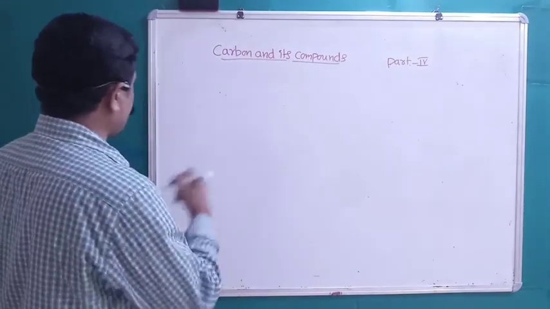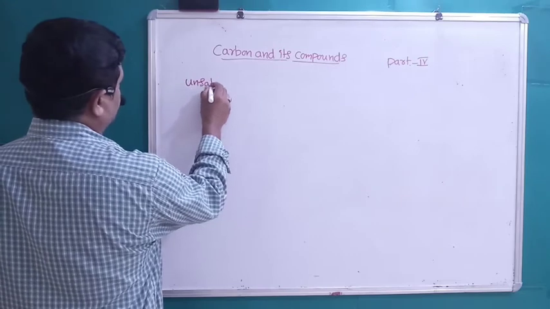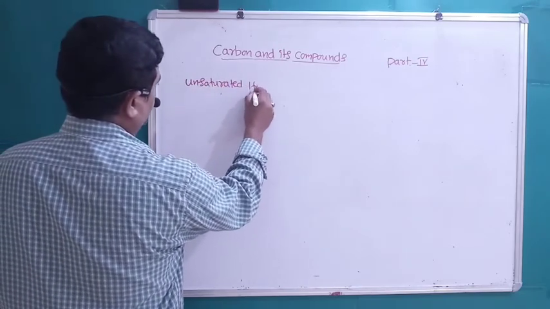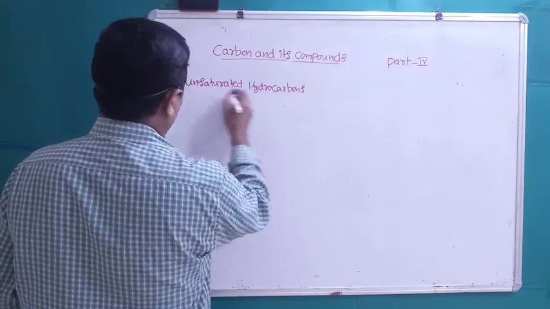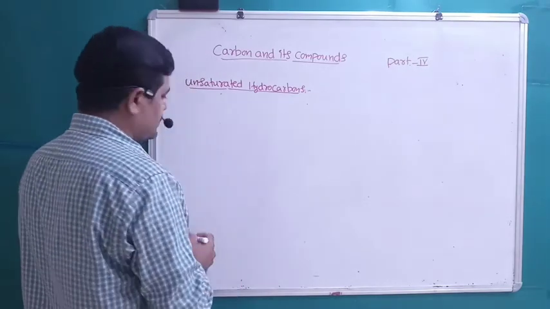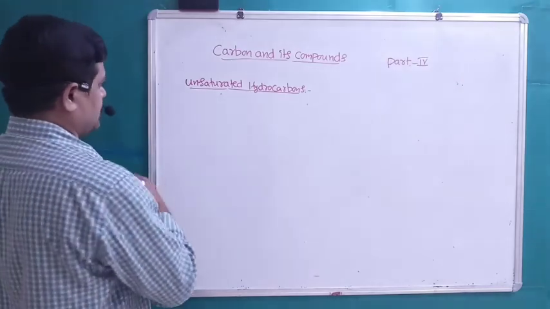Dear students, next is unsaturated hydrocarbons. Unsaturated hydrocarbons means the hydrocarbons which contain at least 1 double bond or 1 triple bond.